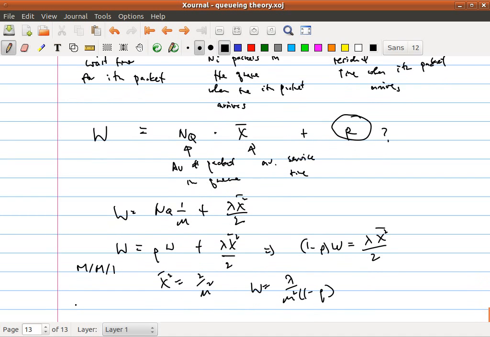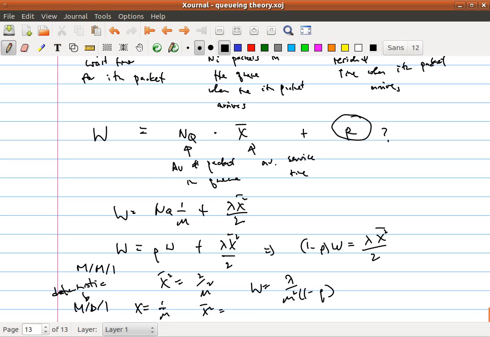Let's do another example. Let's say M/D/1, this is deterministic, and in that case X is just 1 over mu, because X is actually deterministic.